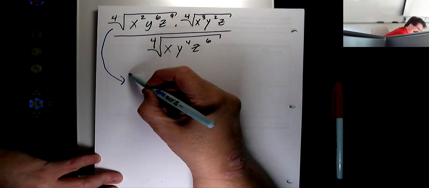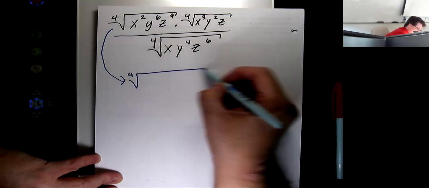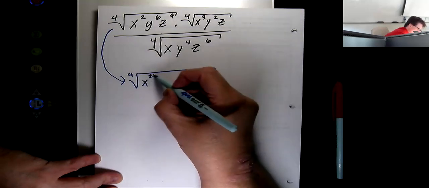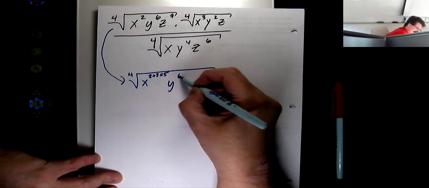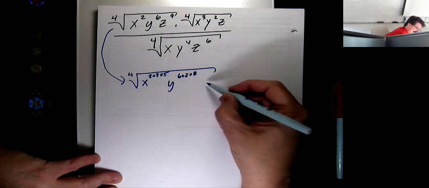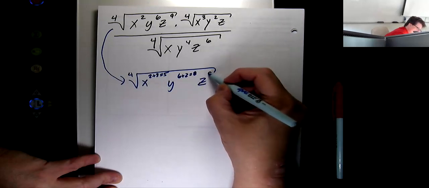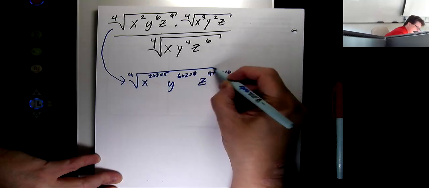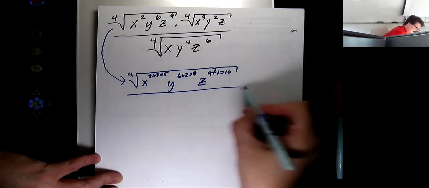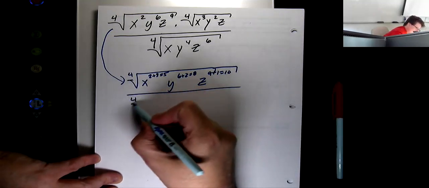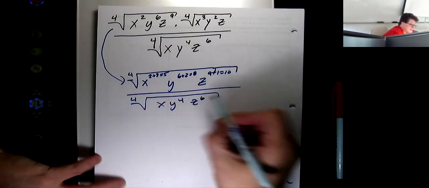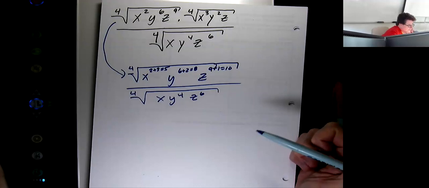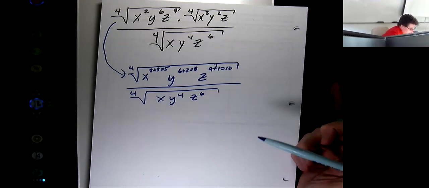X to the fifth, so we're adding the exponents. And on the bottom, I still have the fourth root of x, y to the fourth, z to the sixth. Now you pull as many fours out as you can. X should be just one.